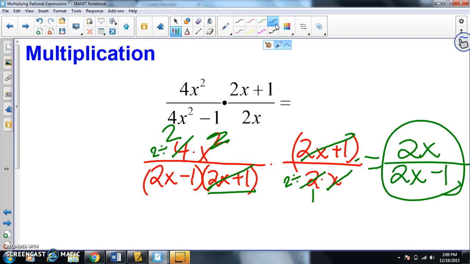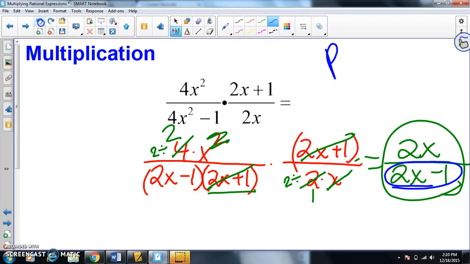Sometimes we think that we can cancel these 2x in my numerator and my denominator. The reason we cannot do that is because our denominator has subtraction in it. So if we are going to cancel anything out of my denominator, that whole 2x minus 1 needs to be canceled.